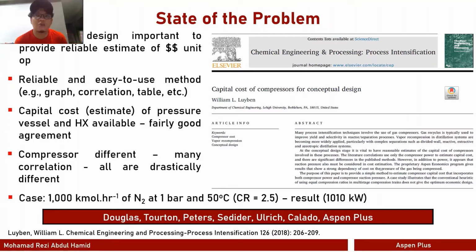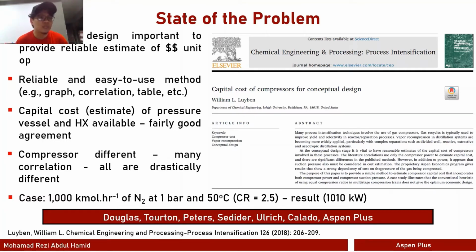According to the author, when we want to design a process, it is very important at the conceptual stage to have an accurate or reliable estimate of the costs associated with all of the unit operations. And there are a lot of resources that are reliable and easy to use, which the designer can utilize to estimate the cost of unit operations. It can be in the form of graphs, correlations, tables, and whatnot.